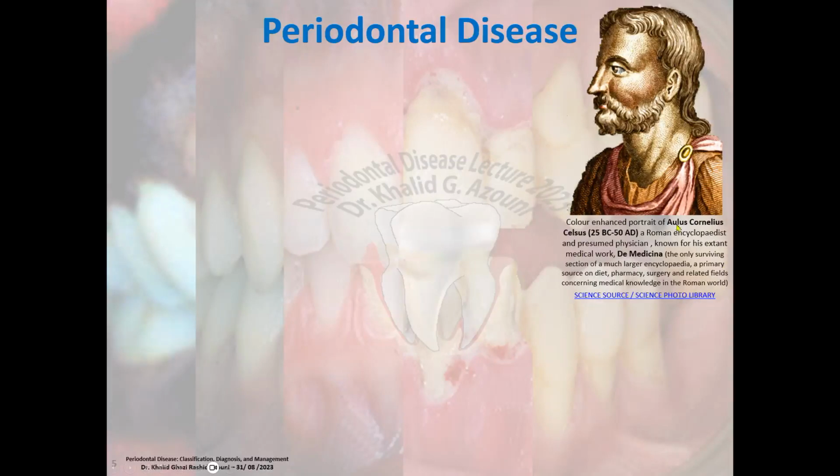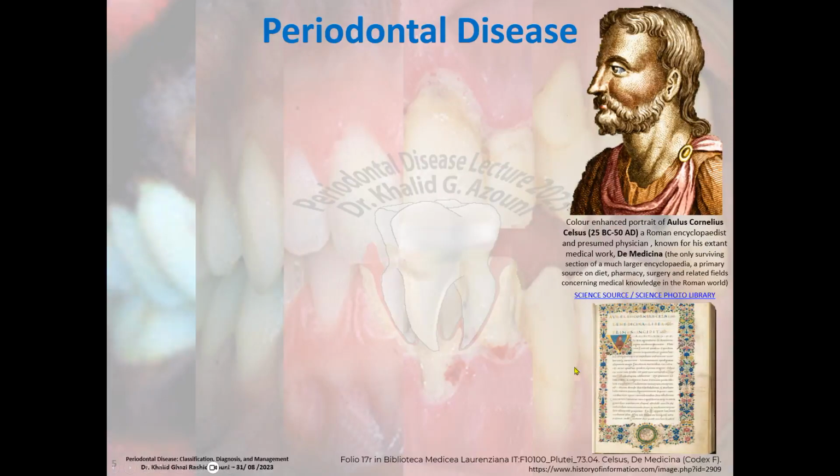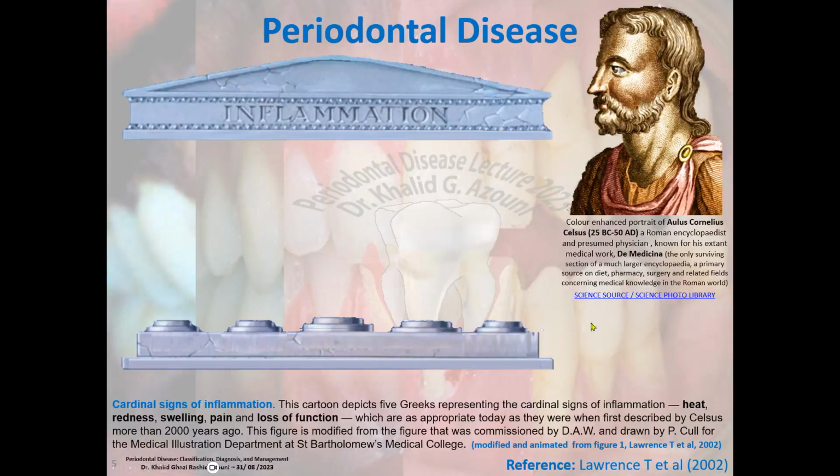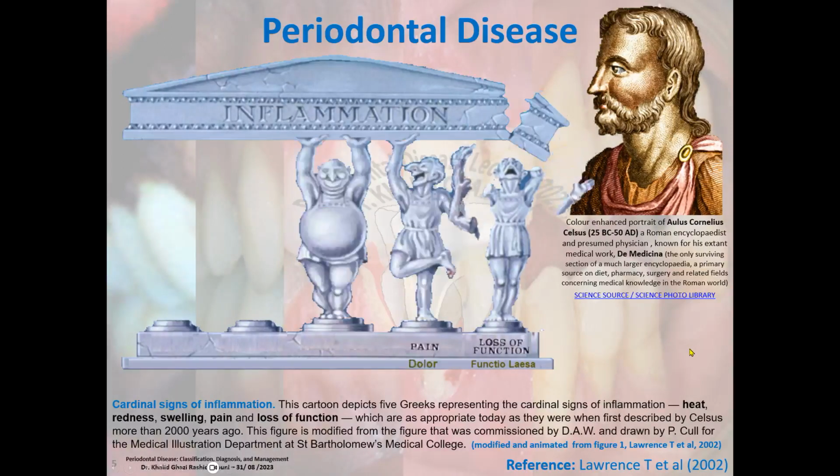Part of what he introduced are the famous cardinal signs of inflammation, and we can see here an illustration of them. We call it the five Greeks. The five cardinal signs of inflammation: loss of function, which in the case of periodontal disease means loss of attachment and loss of alveolar bone.